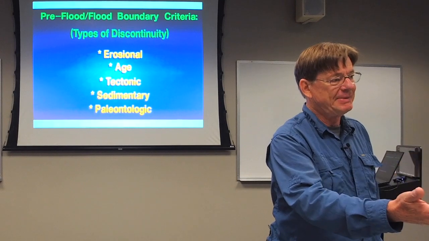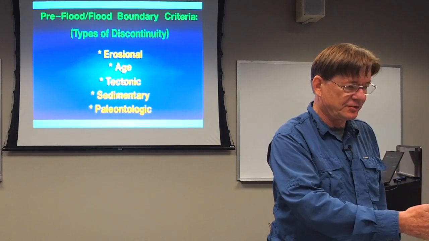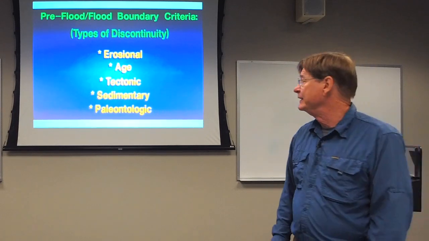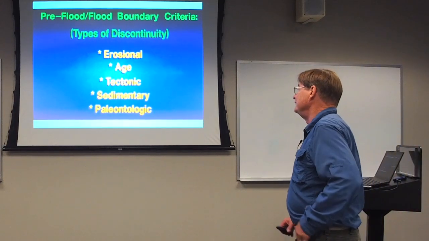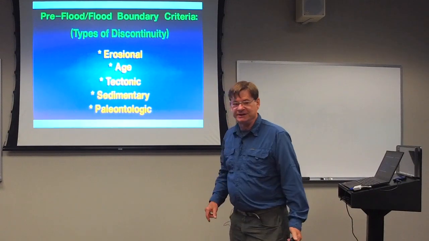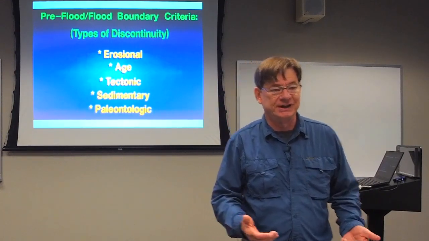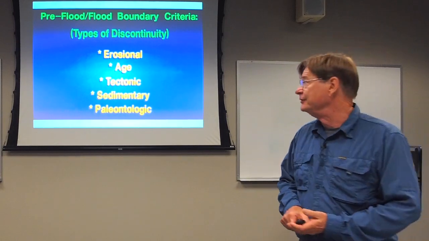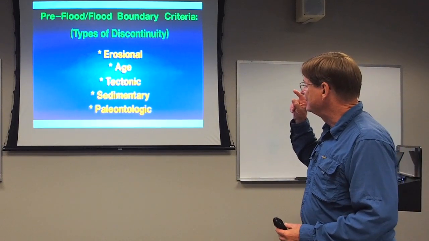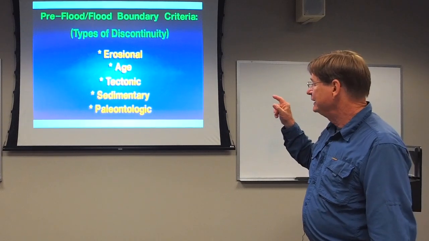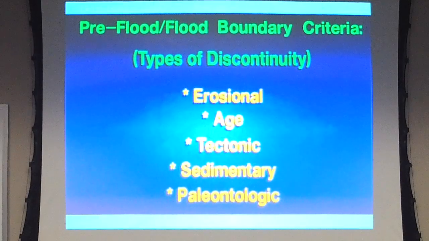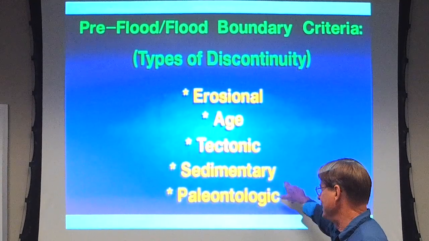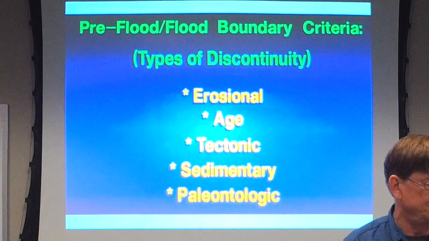Anyway, we were thinking about what the pre-flood flood boundary should look like. We thought about the pre-flood Earth, the creation Earth, and we talked about what the flood would be like, and we came up with five of what we call discontinuities. Five types of discontinuity would help us define the pre-flood flood boundary: an erosional discontinuity, an age discontinuity, a tectonic discontinuity, a sedimentary discontinuity, and a paleontologic discontinuity.